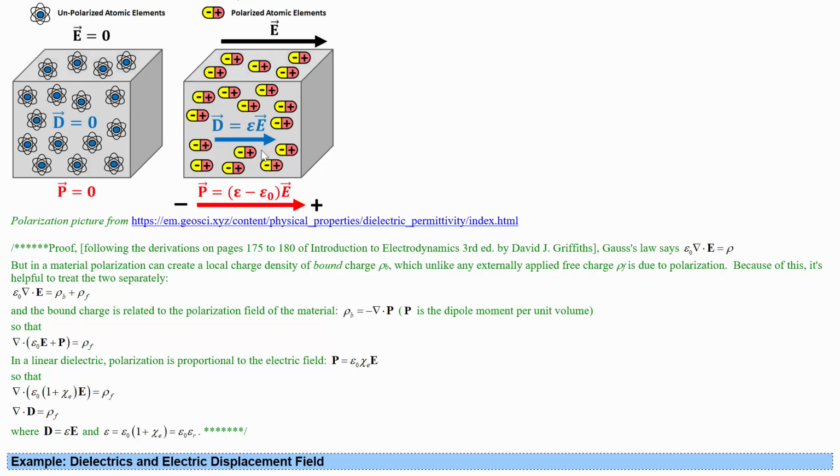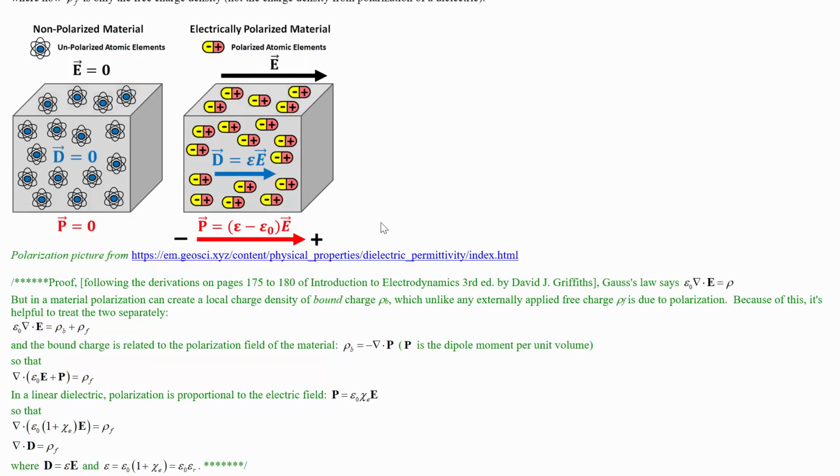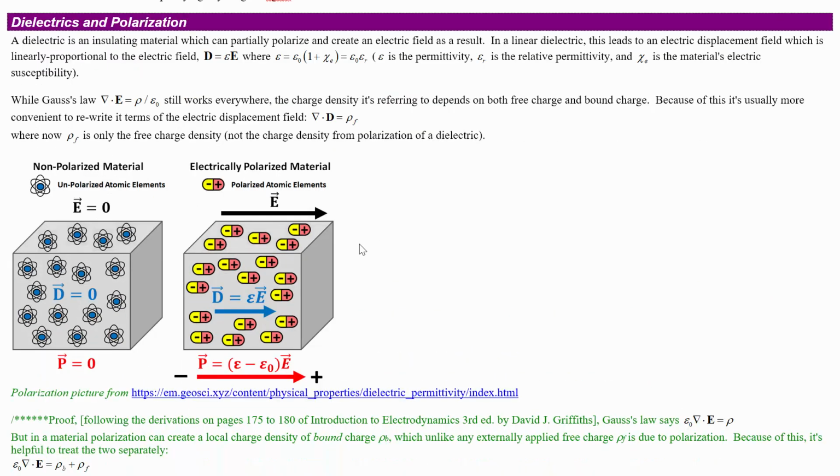You might be able to think that in electrostatics, a conductor is kind of like a dielectric that can infinitely polarize and completely cancel out any applied external electric field by just moving charge around as much as it needs to.